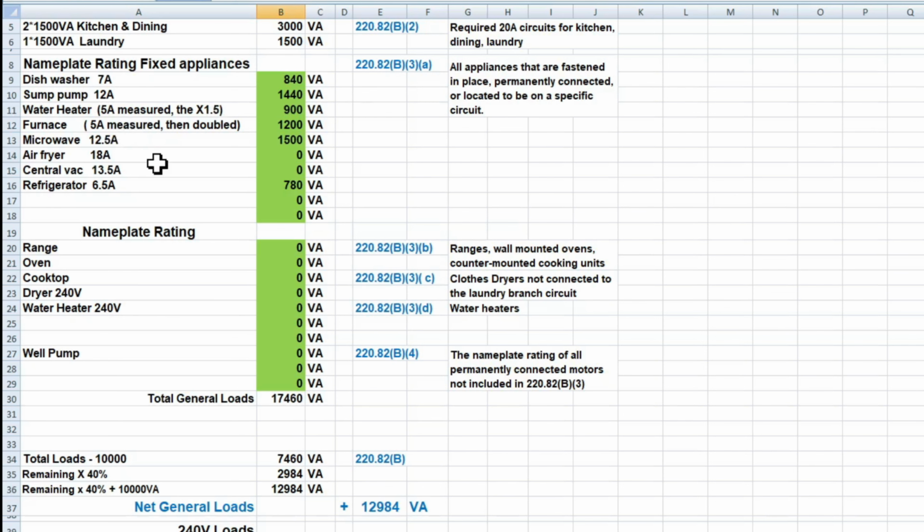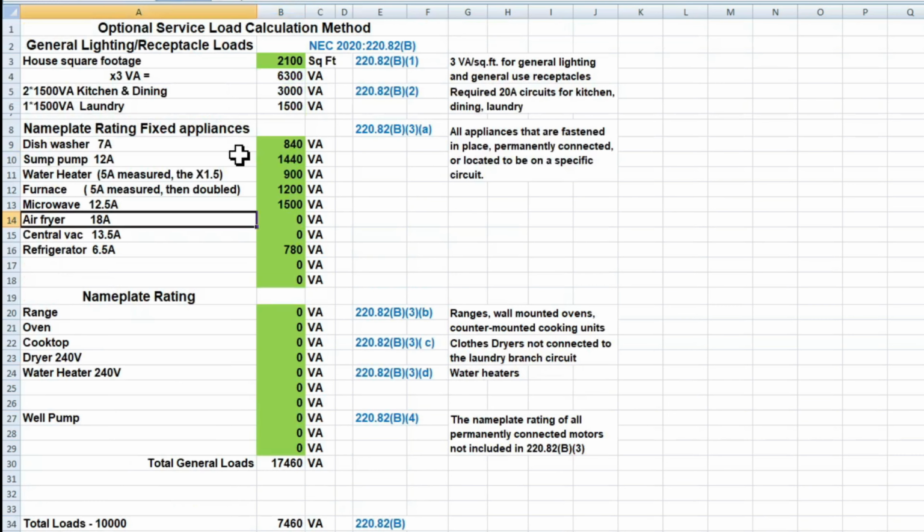But what I did here, now this sub panel is actually a critical loads panel for the solar inverter, the output load for the solar inverter. So the air fryer, I zeroed that out because that's going to be in the main panel. We're not going to have that backed up as a critical load.